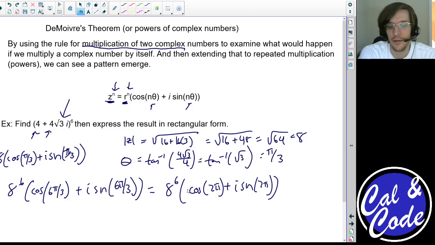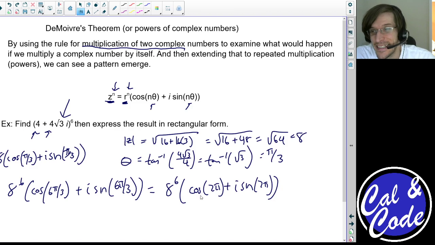Cosine of 2 pi is 1, sine of 2 pi is 0. So I have 8 to the 6th times 1 plus 0 i's.